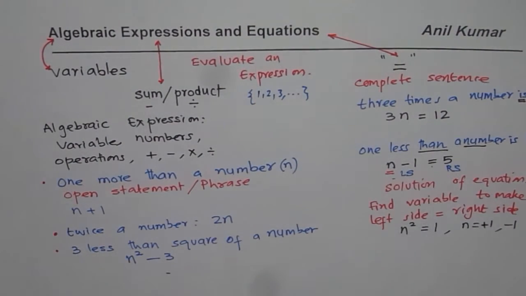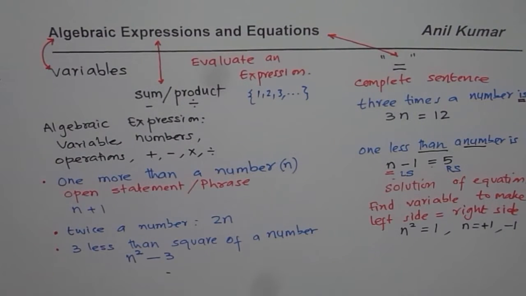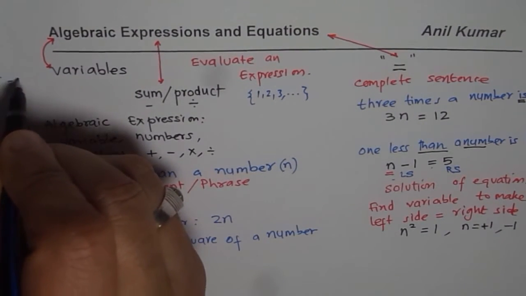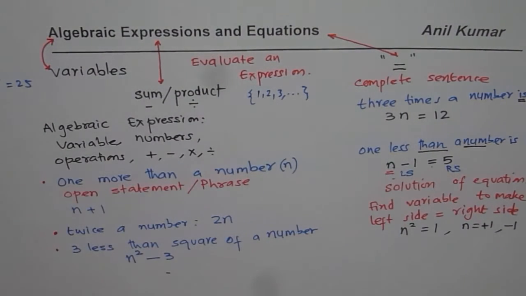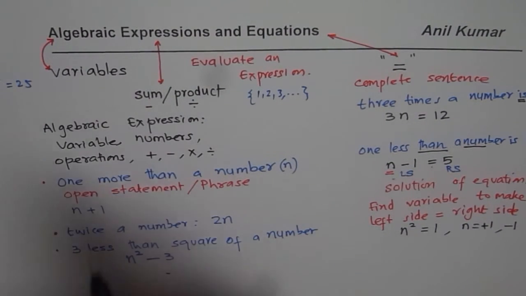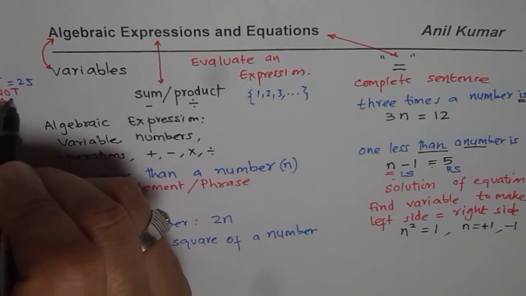So what we understand from here is that algebraic means variables. If I say 5 square, 5 square is 25, but is it an algebraic expression? The answer is no. It is not an algebraic expression.